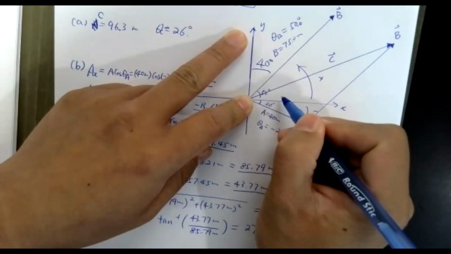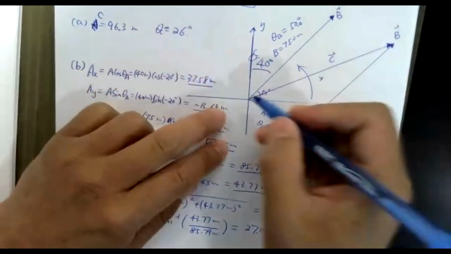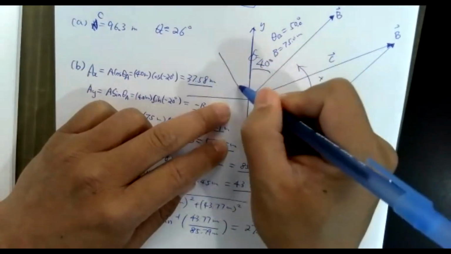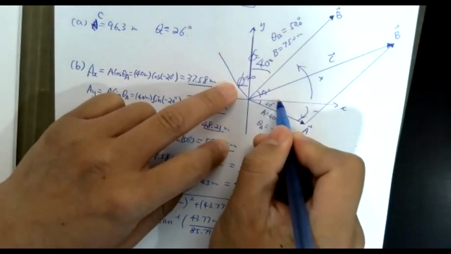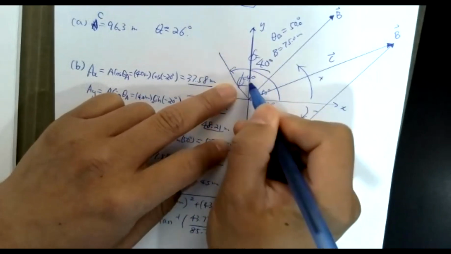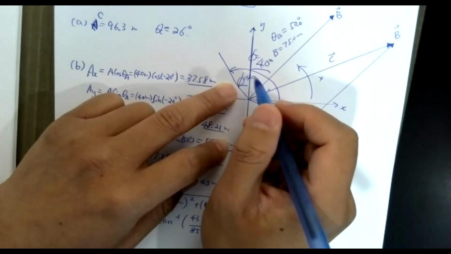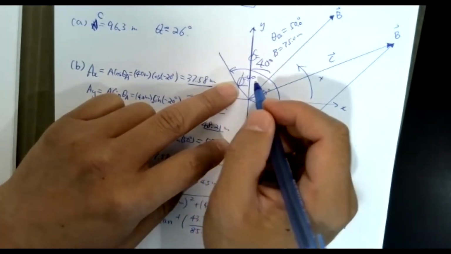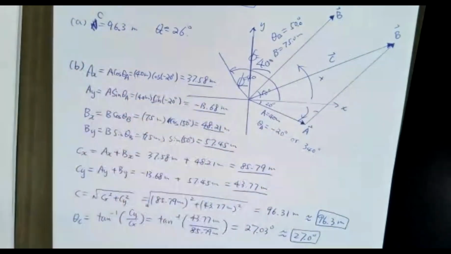Or sometimes it's given as this angle, say 40 degrees, so you want to measure from the positive x over here and add 90 degrees to it, to be 130. So pay attention to how the angle is given to you when you are utilizing these expressions.